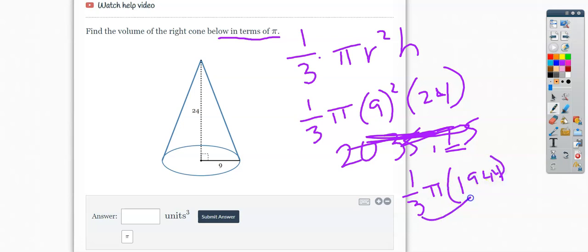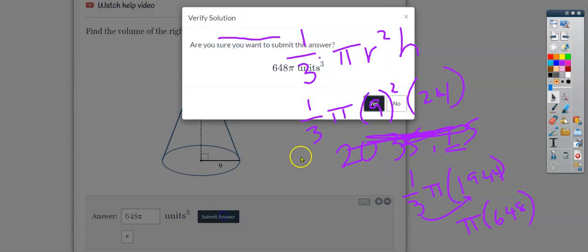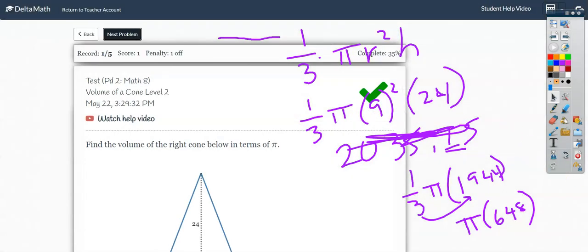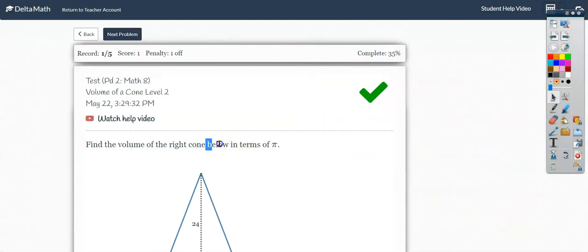Now I do need to times this by 1/3. So the pi stays, but the 648 is my new coefficient. So I'm going to type the number first, 648, and I'll put the pi at the end. There we go. Let's see how we did. Yay! I almost got it wrong because I didn't read the directions.